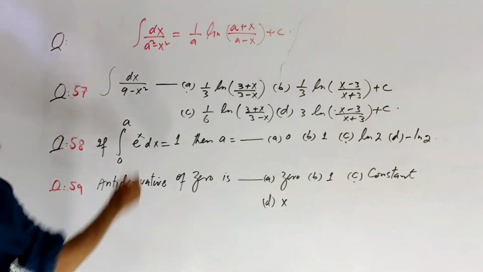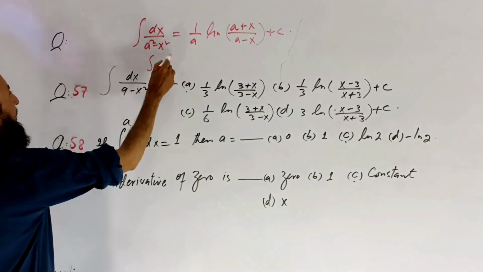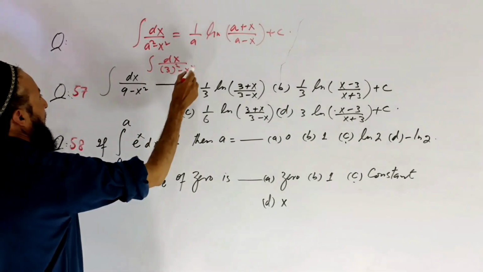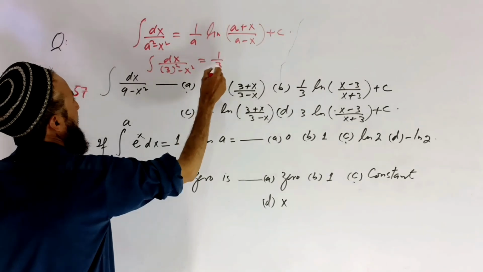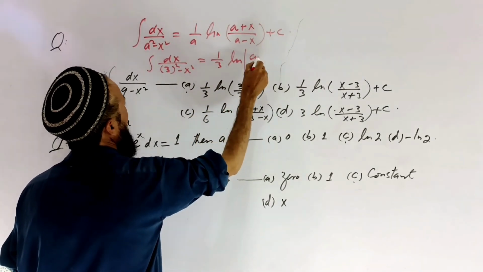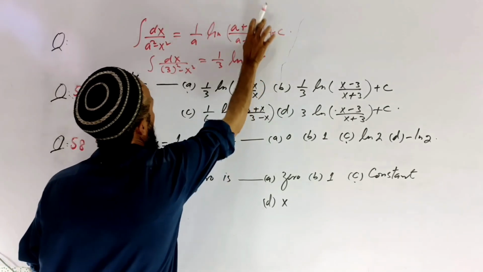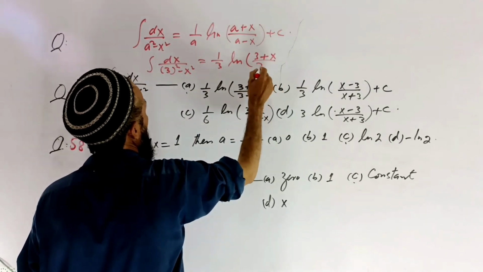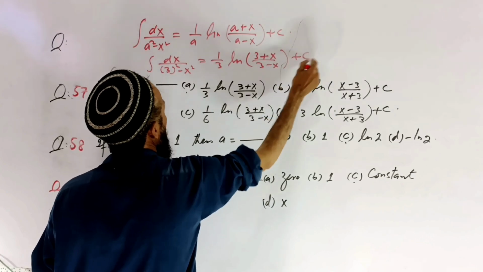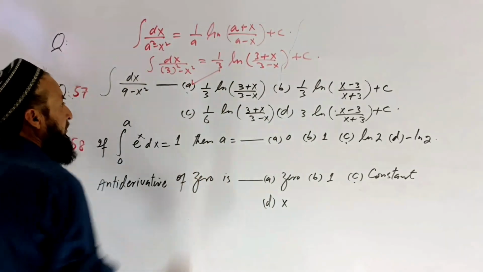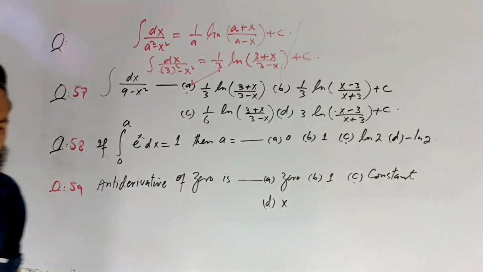According to this formula, if we apply here dx, we can write 3 square minus x square. So 1 over 2 times 3 log of (3 plus x) divided by (3 minus x) plus c, where a is equal to 3. According to this formula, we check the option. Option A is the correct option here.